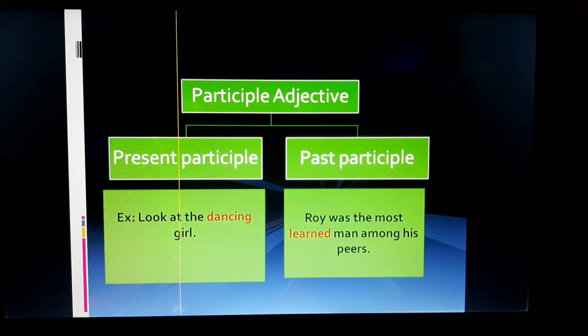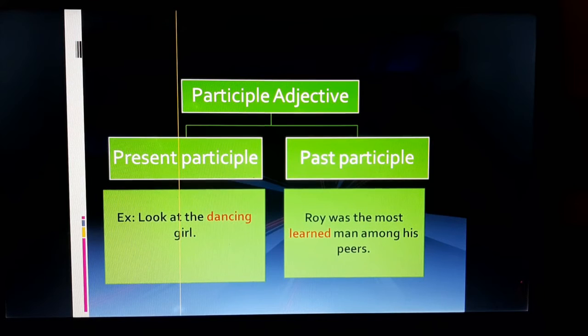So it's very easy to tell which one is the present participle, right? Let's look at the past participle here. Roy was the most learned man among his peers. Here the participle represents a completed action. So the word learned is defining the man. On both sides we can see that the words in red color are defining the noun.